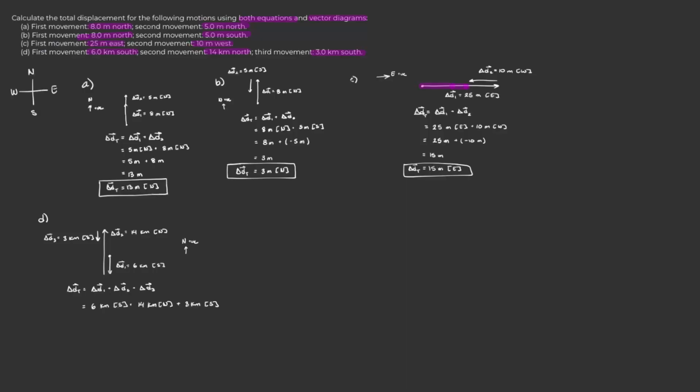We chose north to be positive, so this is just going to be negative 6 kilometers plus 14 kilometers plus negative 3 kilometers. Then we would just plug this into your calculator if you'd like, or just do mental math, and you should get 5 kilometers in the positive direction, which is 5 kilometers north in this case.